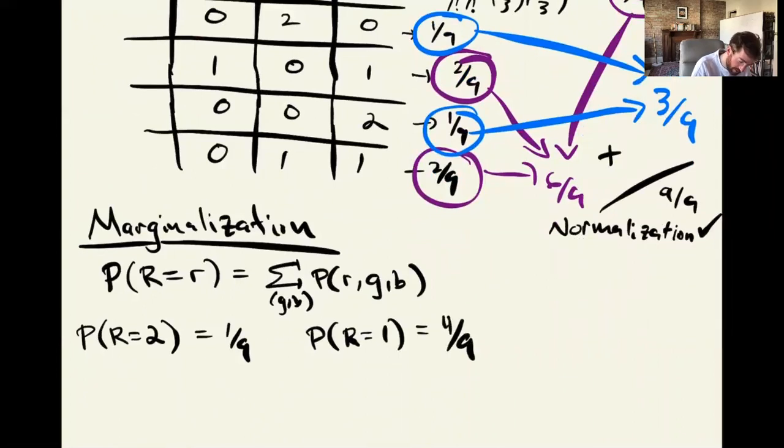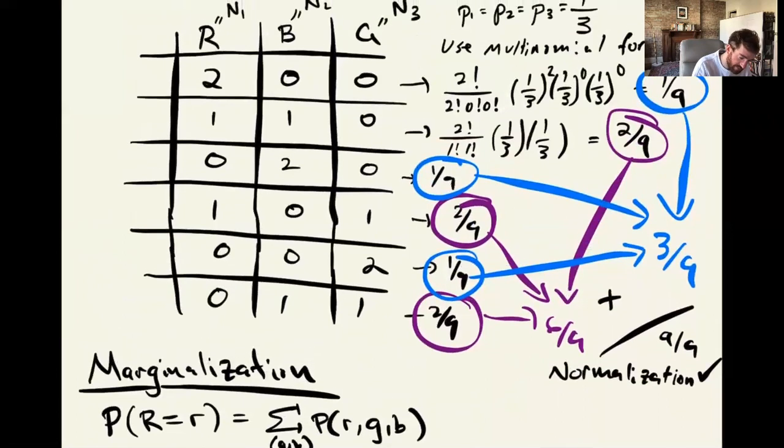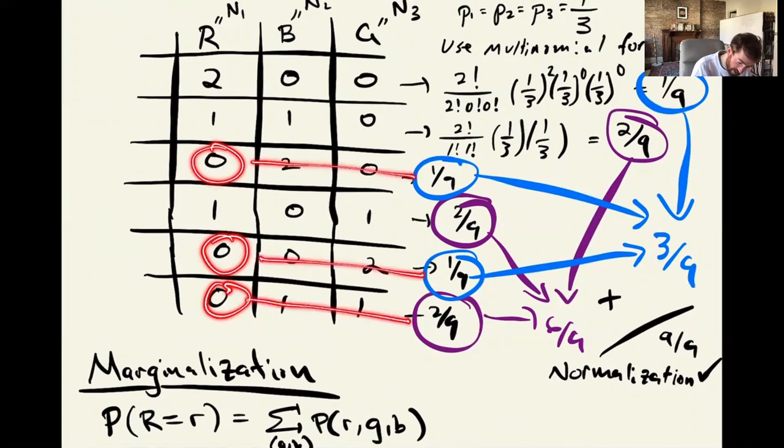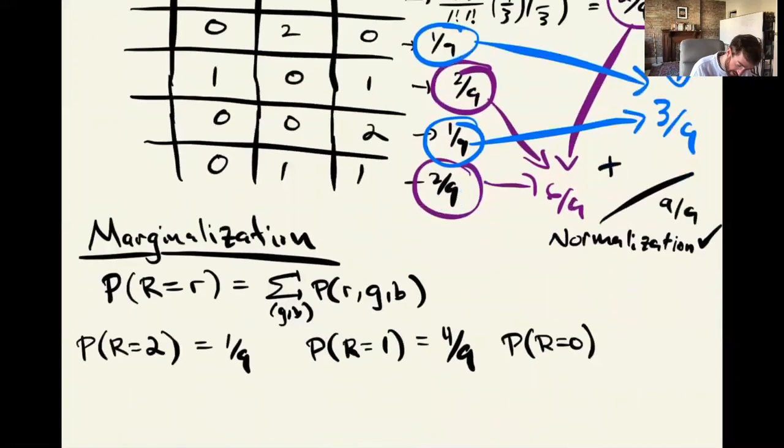And then what about the probability of 0 red balls? Well, let's inspect my table. Here's a 0, here's a 0, here's a 0 for a number of red balls. That's going to correspond to a ninth, and 2 ninths, which makes good sense, but that also gives me 4 ninths.